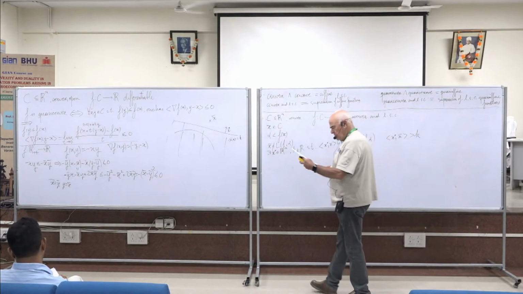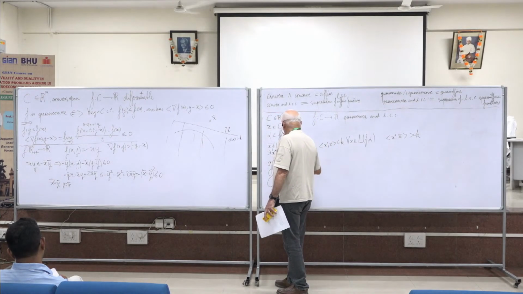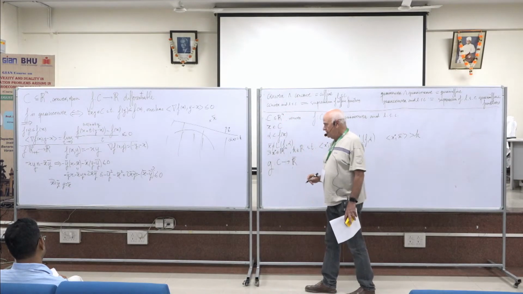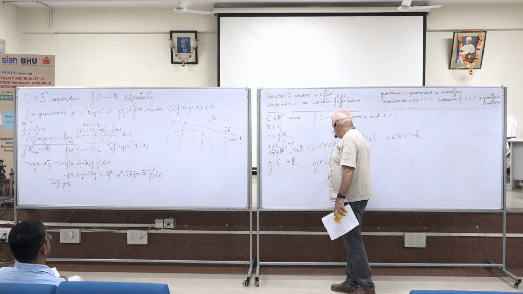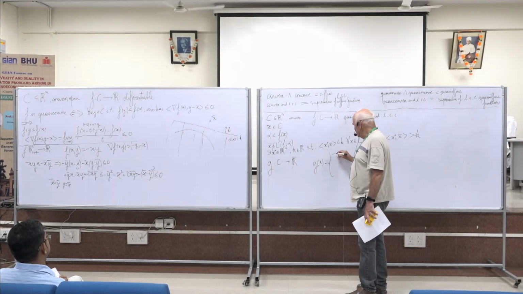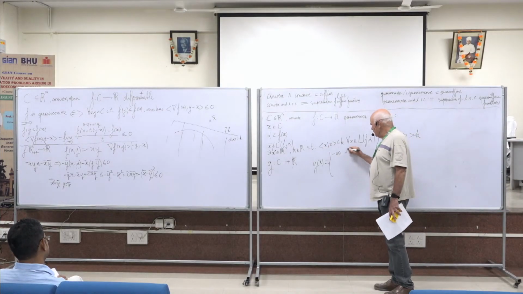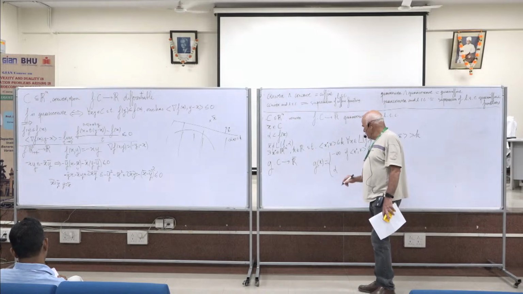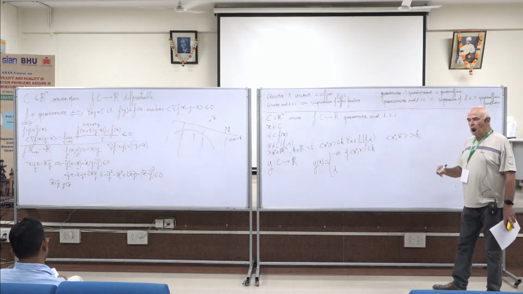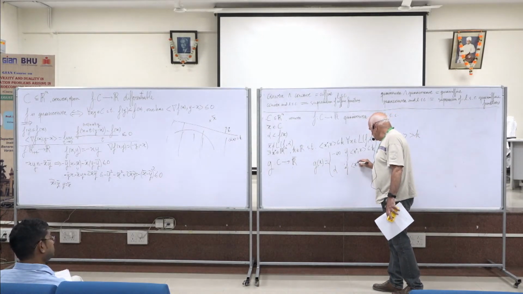So let's call G the function from C into the extended reals, defined by G of x equal to minus infinity on this half space and G of x equals alpha on the complement of that subspace.